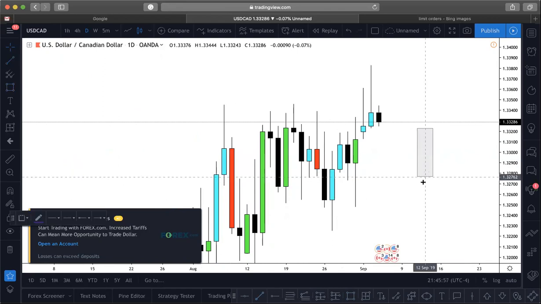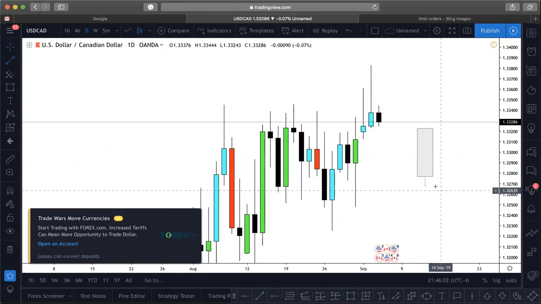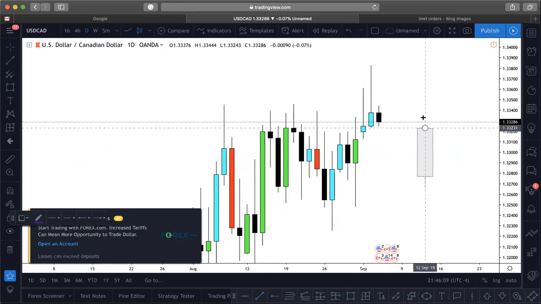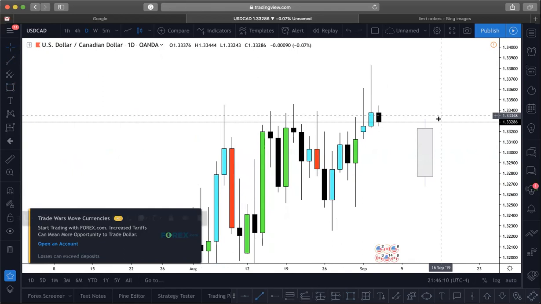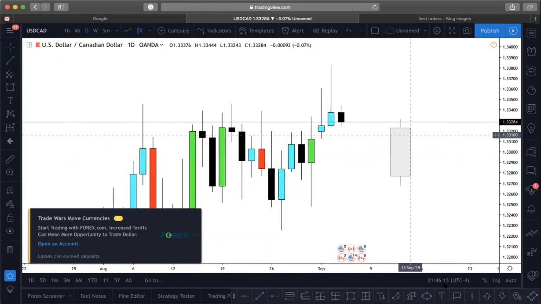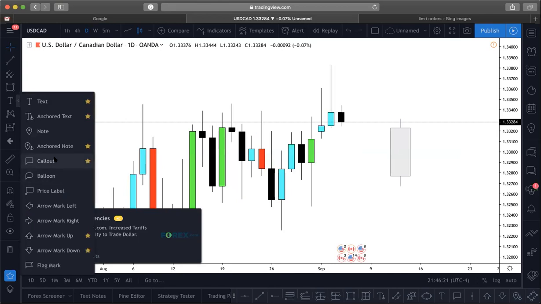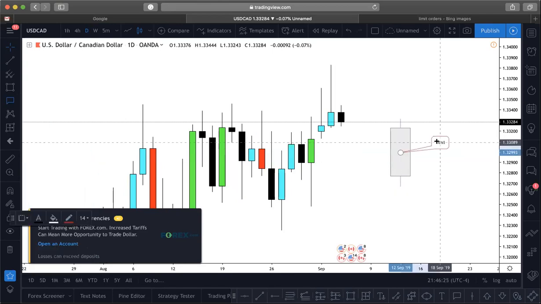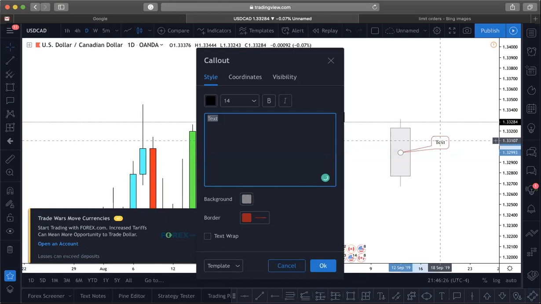Okay, so this is what a typical candlestick looks like, right? This is the body of the candlestick, right?